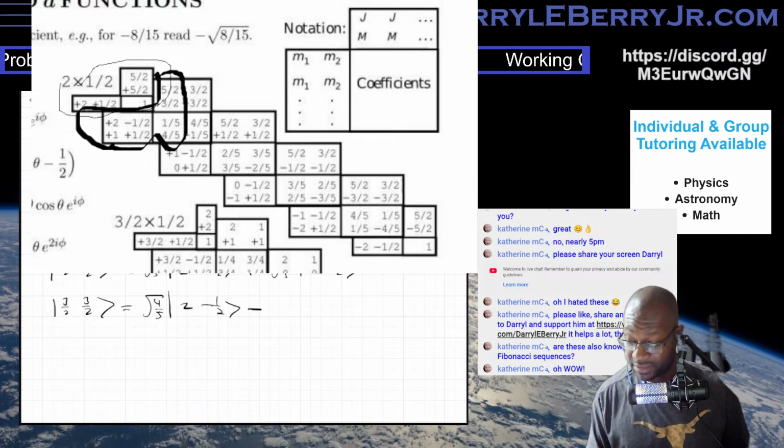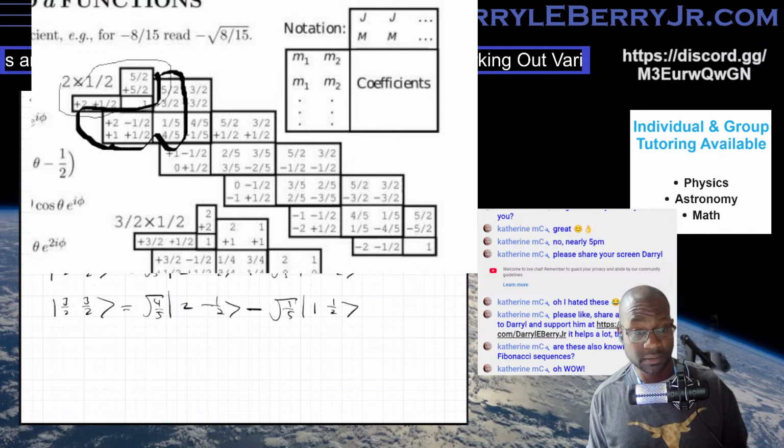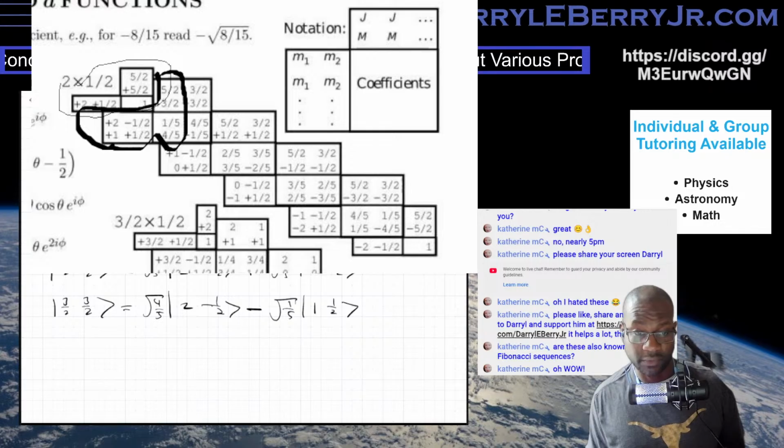And there's a minus here, square root of 1/5, and 1, 1/2. So notice that now I've done all 4 of these here.